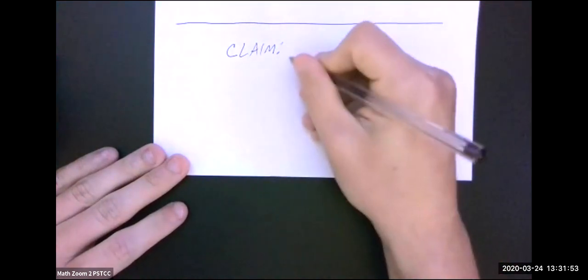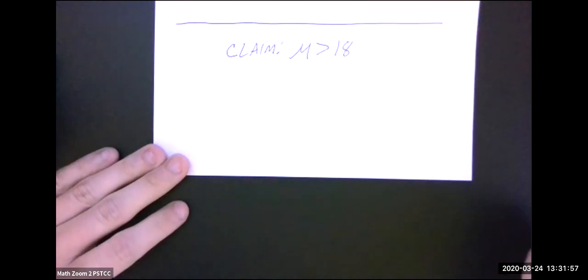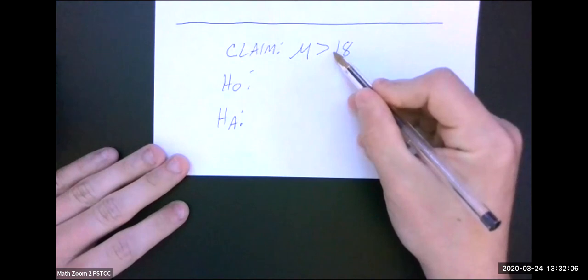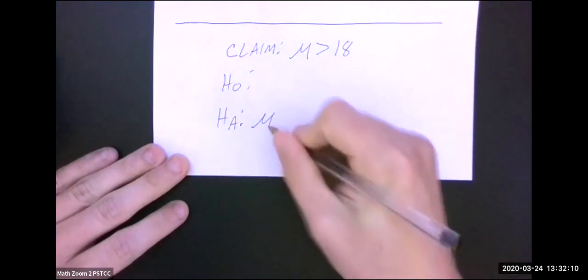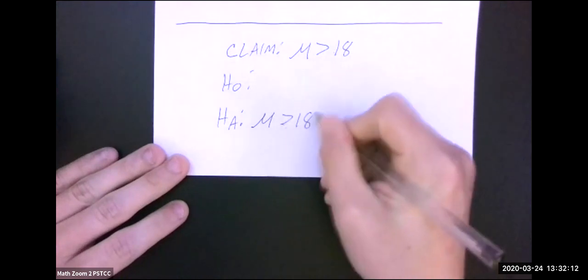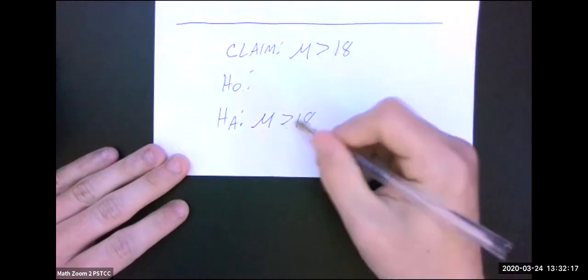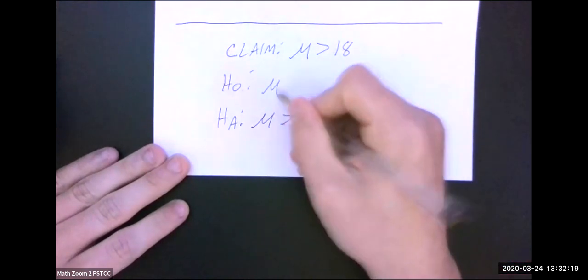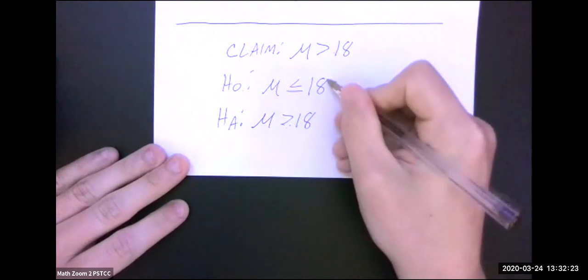So they're claiming the mean life of the furnace is greater than 18 years. The claim does not contain equality, so we move it to the alternative hypothesis. Therefore, the null hypothesis will be the complement. If it's not greater than, the complement is less than or equal to 18.